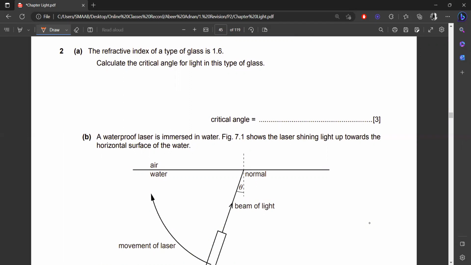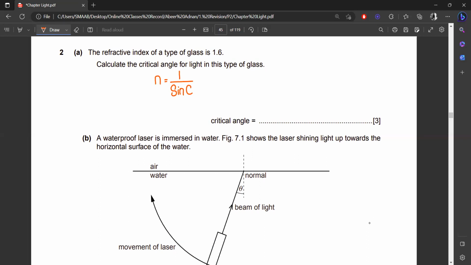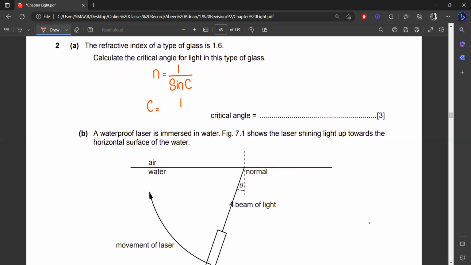So we have to find the critical angle, and you remember the formula: sine C equals 1 over n. So we have to find the value of C, so C equals sine inverse of 1 divided by 1.6. It's 56.3. 56.3. Okay.